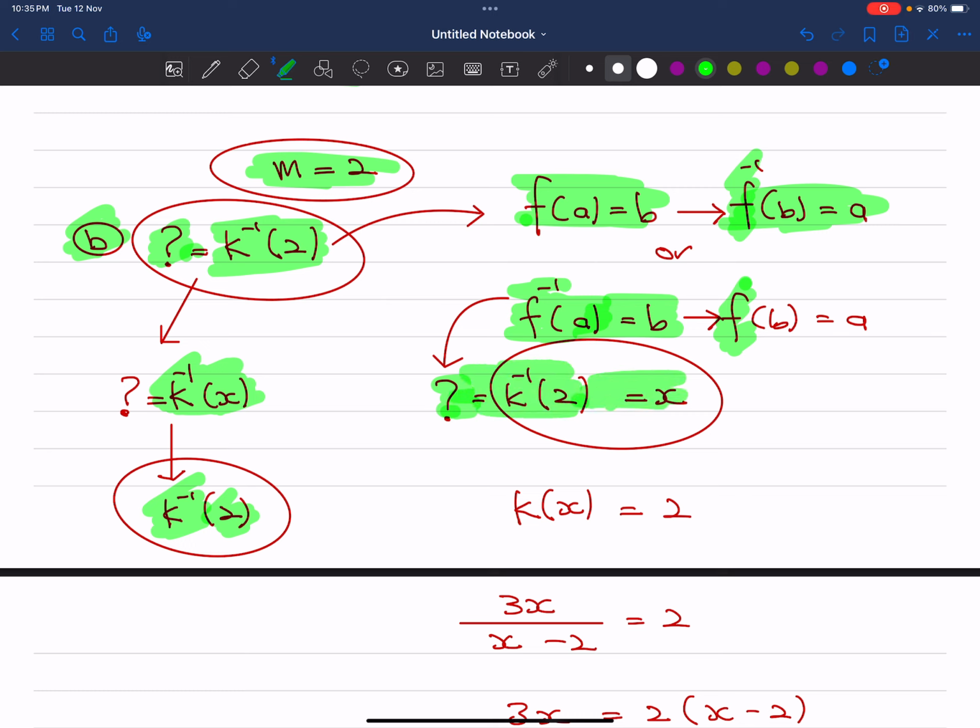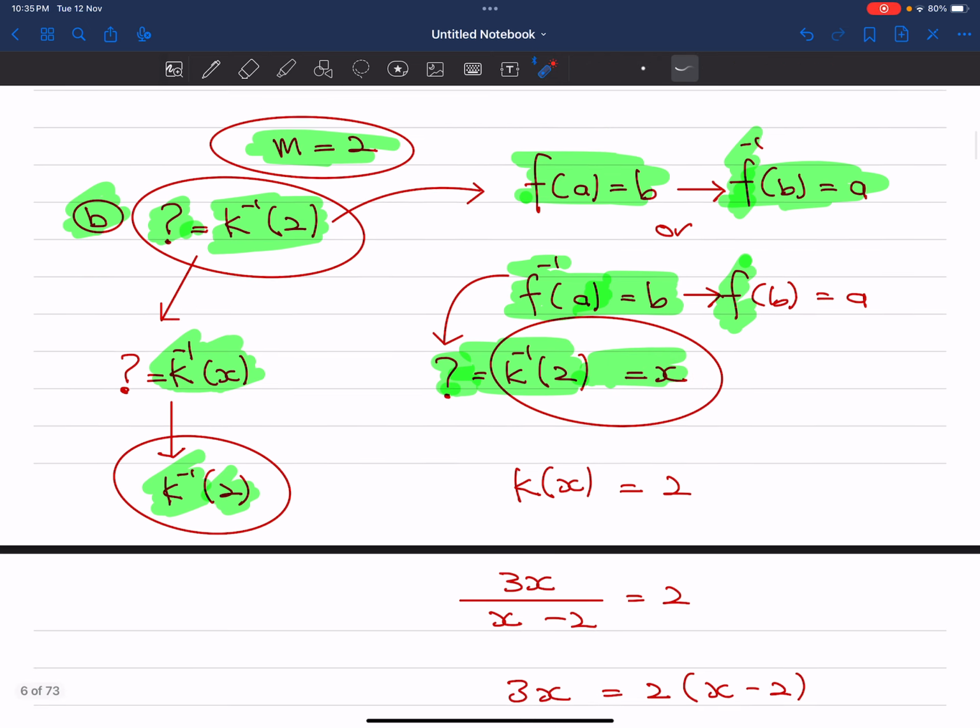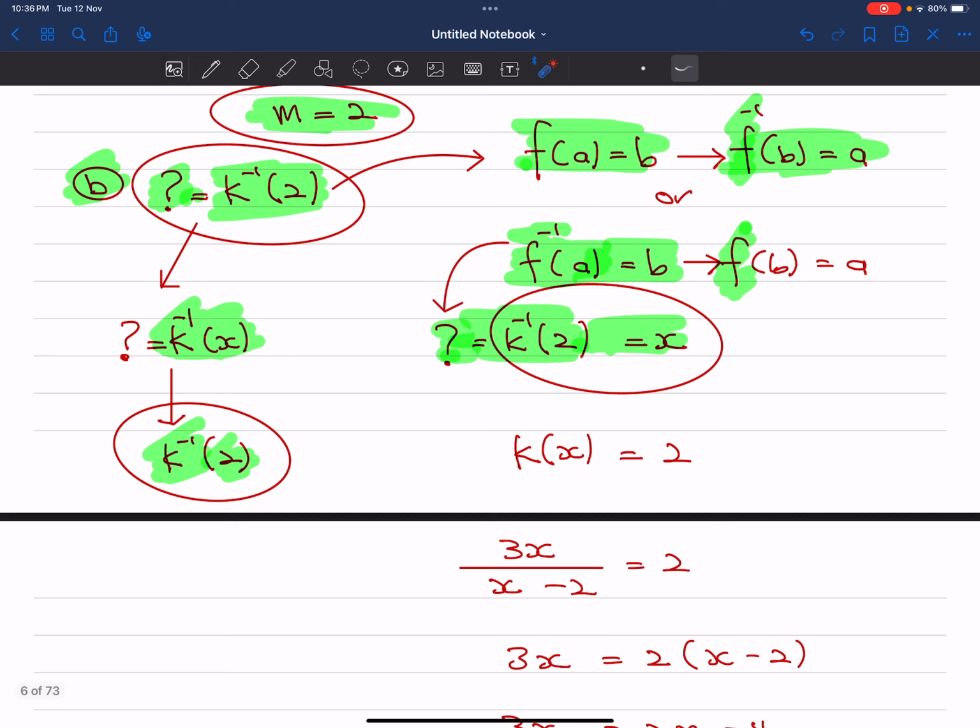I'm using x, you can use any other alphabet. So now, I take the 2 as image, and the x image I make as object. So I'm exchanging the object and image. Remember, when I exchange object and image, the x goes inside, the 2 goes outside.